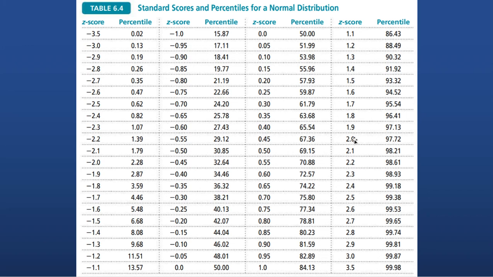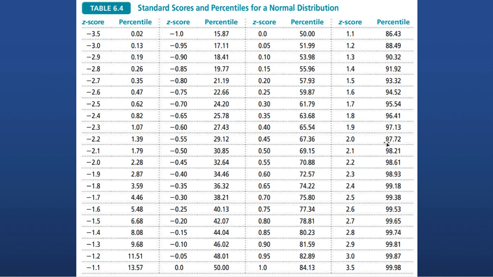But you might be asked the question in a different way. You might be asked what percent of values are above this z-score, or what percent of data is above this particular value. Then you calculate the z-score, you come to the table, but you can't just use the percentile here. This is the percent below.